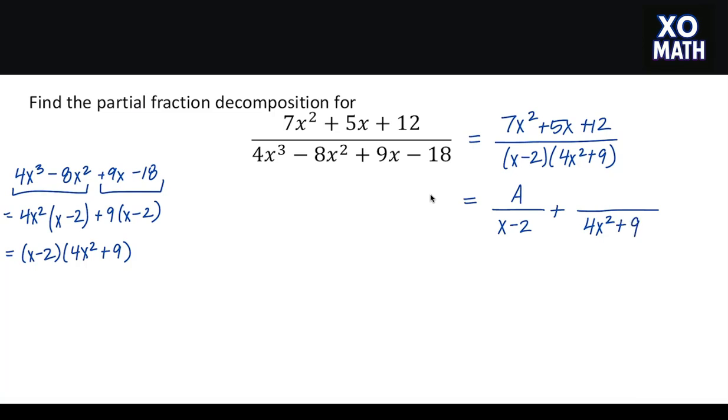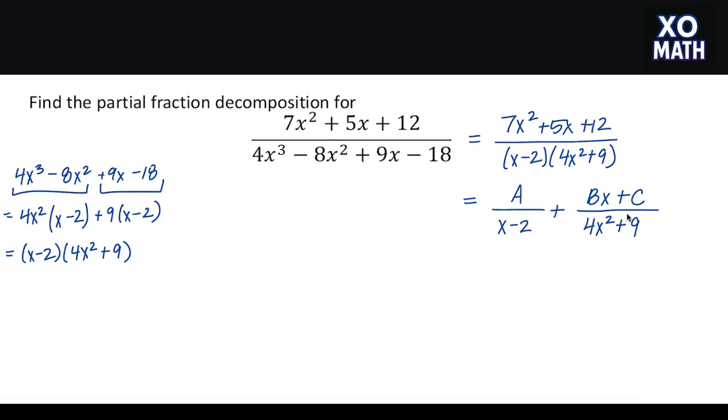What goes above an irreducible quadratic is a generic linear function, of the form bx + c. So we're going to need to find the slope and the constant in that linear piece. So we need to find the values of a, b, and c to find our partial fraction decomposition.